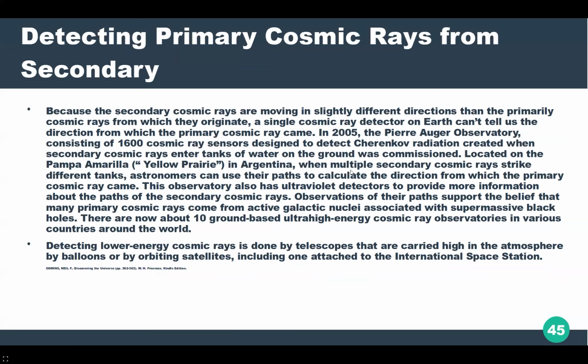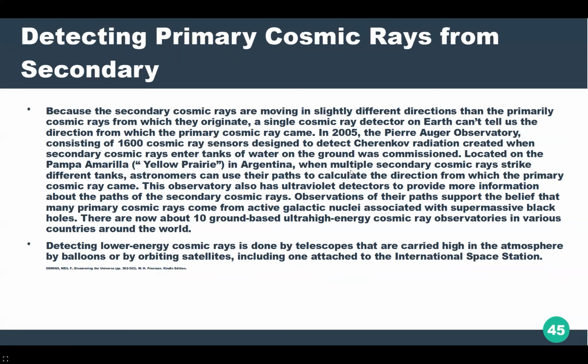This observatory also has ultraviolet detectors to provide more information about the paths of the secondary cosmic rays. Observations of their paths support the belief that many primary cosmic rays come from active galactic nuclei associated with supermassive black holes. There are now about 10 ground-based ultra-high energy cosmic ray observatories in various countries around the world.